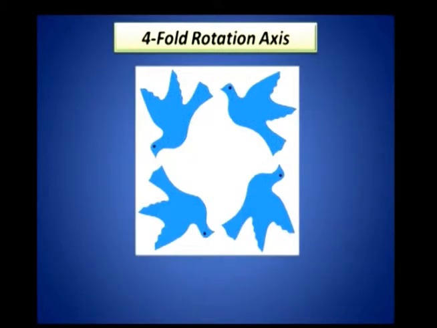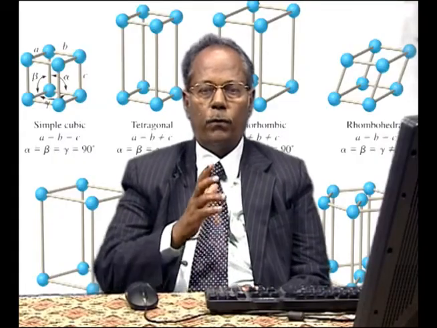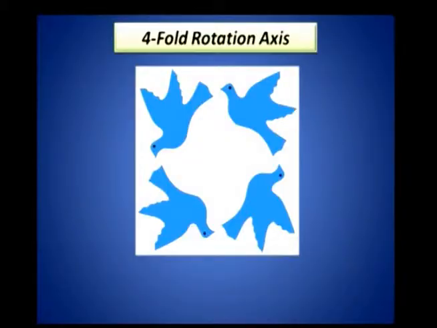Then you look at this diagram. Tell me what is the foldness of rotation. You see here a bird, if it is rotated through 90 degrees, it will come here, right. Another 90 degree rotation will come to this place, and another 90 will go back here. Therefore, this has got a 4-fold rotation axis.